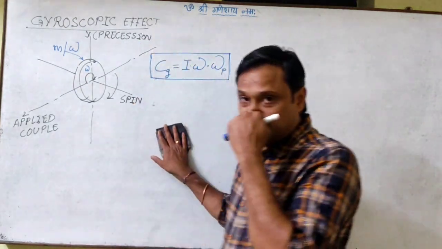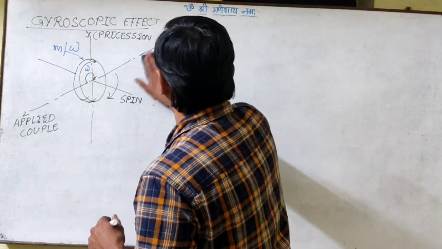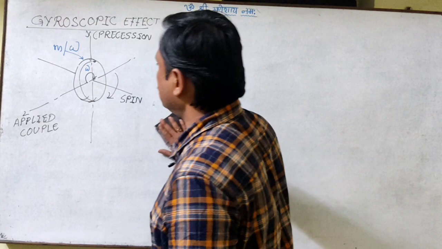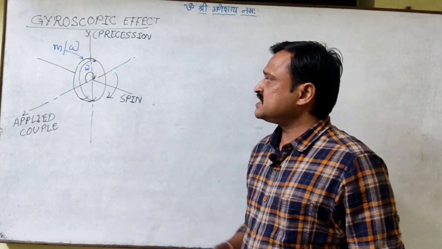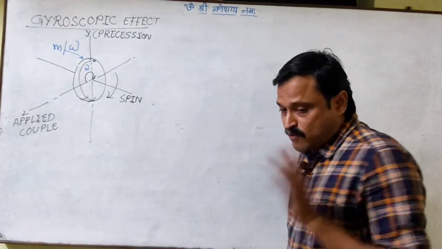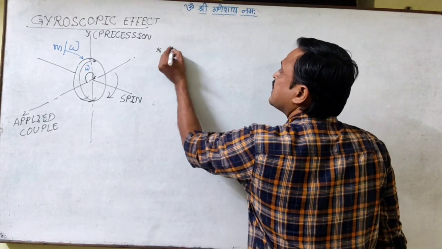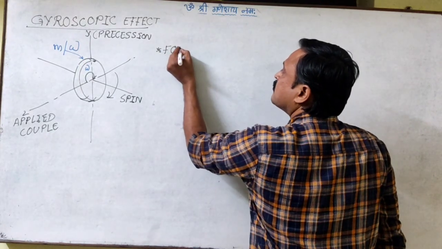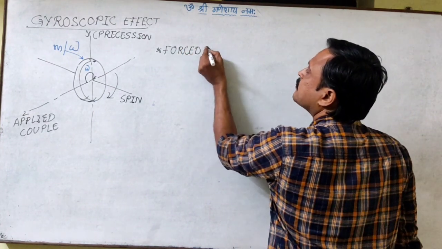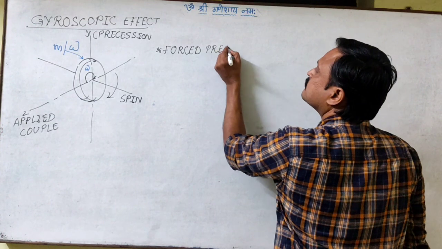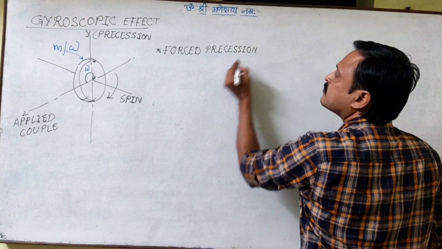So here now we will try to understand how we can determine the direction of this vector. I will take the same example, say this is rotating, and for understanding we will take the condition as forced precession.